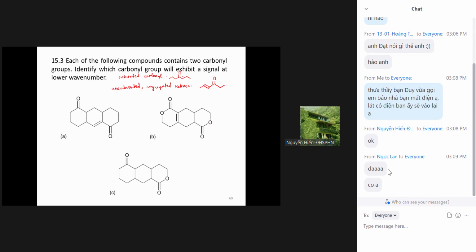The saturated carbonyl group will absorb at high wave numbers, 1,740 centimeters to the -1. But the carbonyls in unsaturated and conjugated ketones will absorb about 60 centimeters to the -1 lower than that of the saturated ketones.